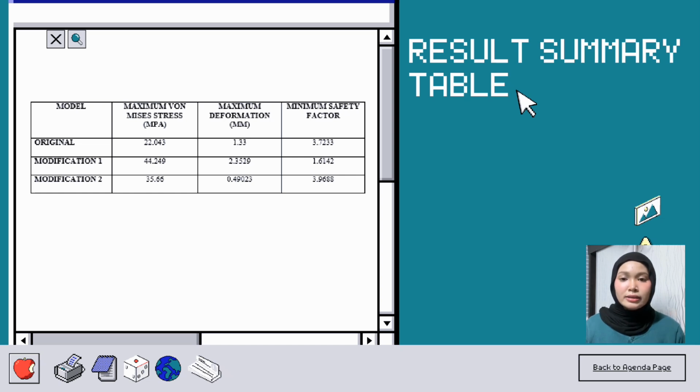This indicates that increasing the base plate thickness to 5 mm significantly improves stiffness, reduces deformation, and provides the highest safety factor among all designs. Therefore, based on this table, modification 2 achieves the best balance between strength, stiffness, and material efficiency.